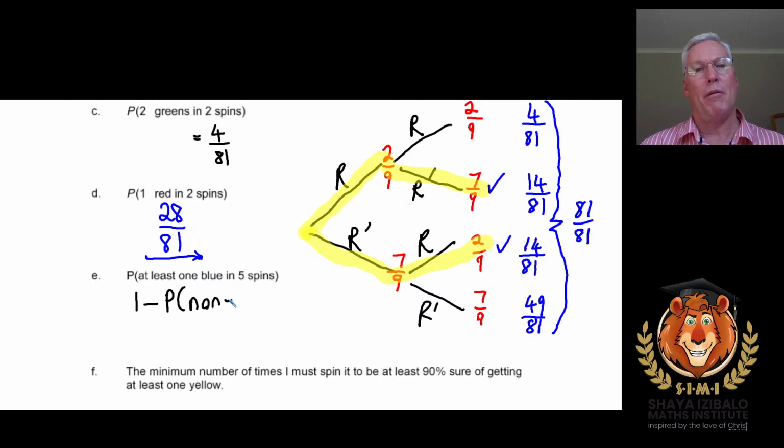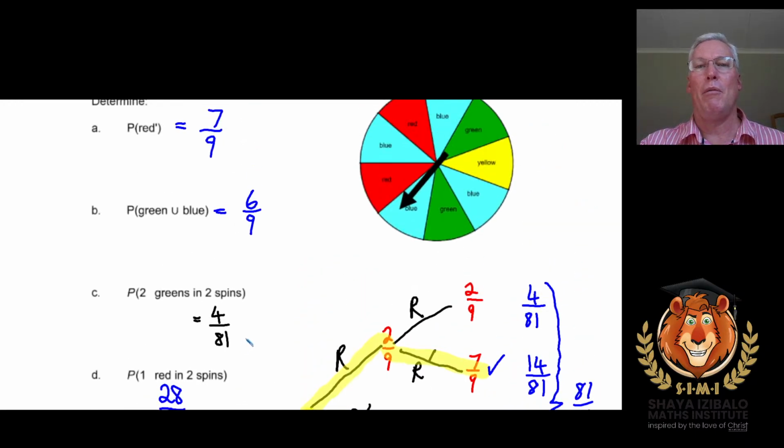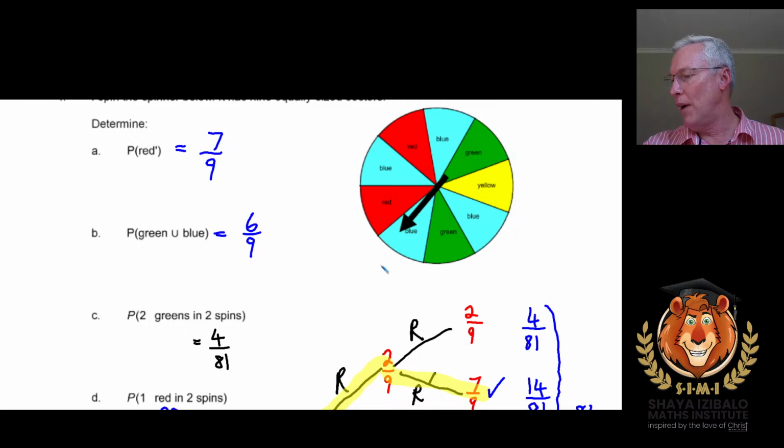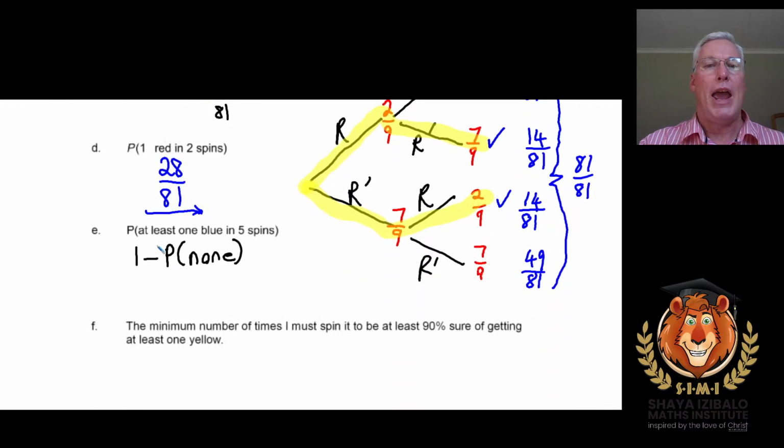The probability of none means I must get a non-blue, which is 5 out of 9, on the first spin, and then another on the second spin, and so on 5 times. This is the probability that I get 5 non-blues, and the complement of that is getting at least 1 blue.